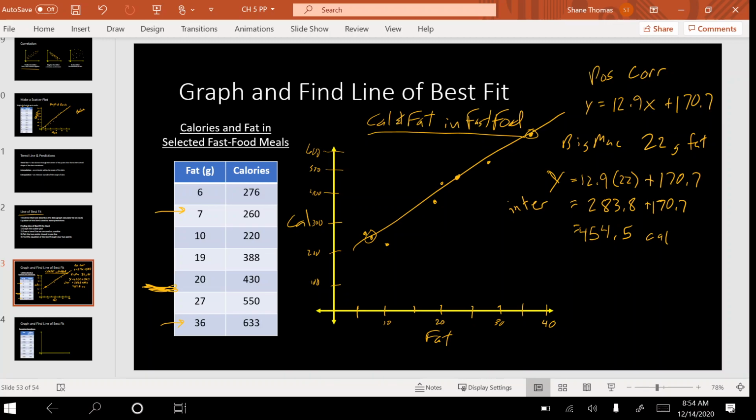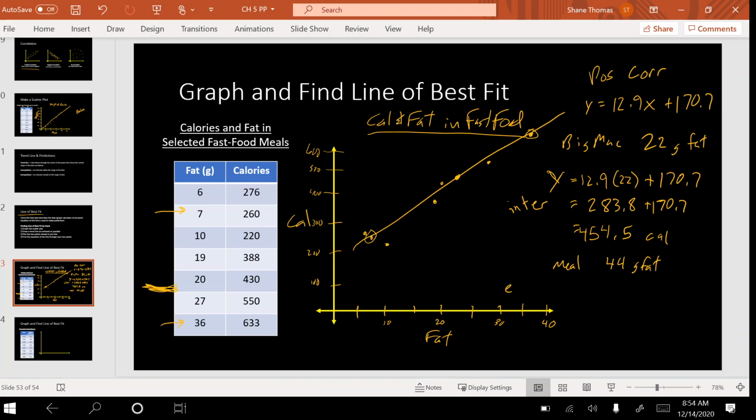So we found that the Big Mac had 22 grams of fat. Say we want the Big Mac meal, and the meal has fries and a drink with it. Say that it has 44 grams of fat. Is this outside of my range of values on my graph? Yes, it is.